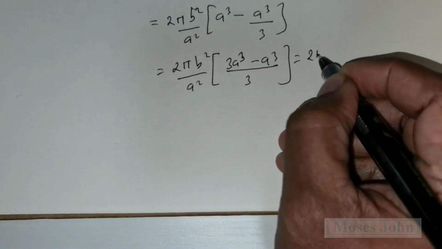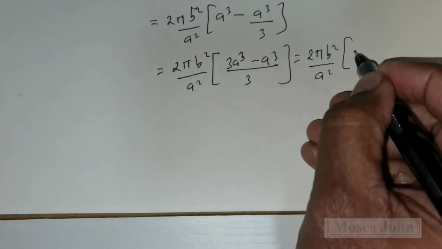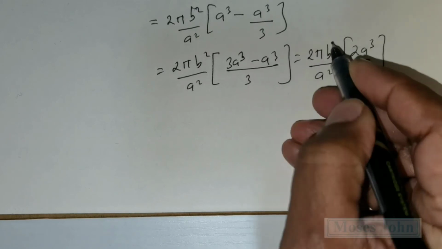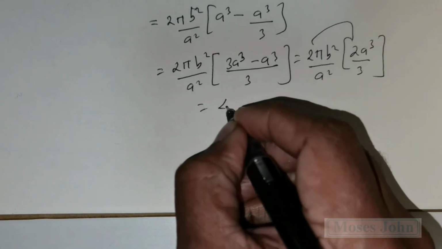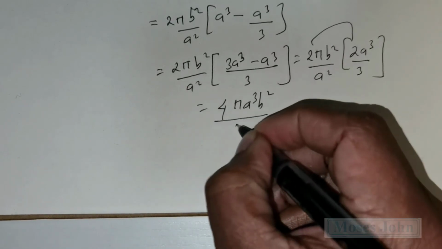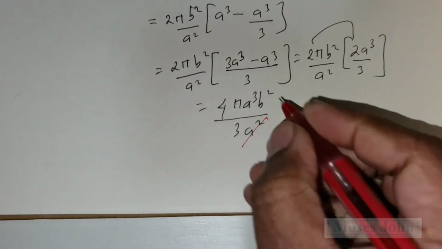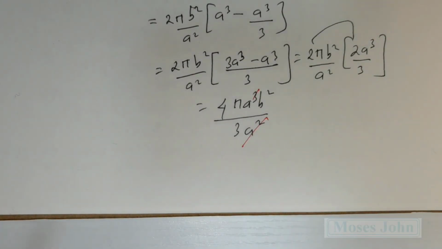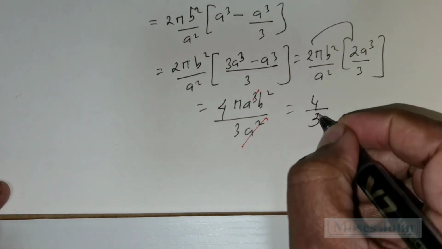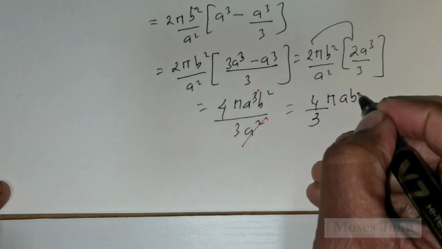This can be rewritten as 2 pi b squared divided by a squared times 3a cubed minus a cubed, which gives me 2a cubed divided by 3. Now the 2's can be multiplied, giving me 4 pi a cubed b squared divided by 3 times a squared. Now clearly I can cancel this a squared with the a squared in the numerator, giving me 4 over 3 times pi a b squared.